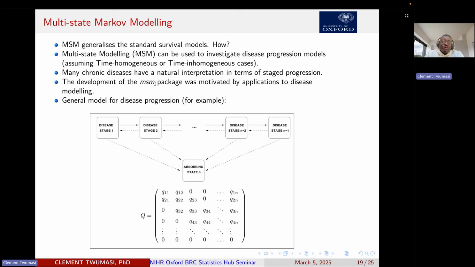But in a real setting, hardly would the rate of transition between different disease states be time invariant. So most of the time they change over time. So we will look at a few examples of the multi-state Markov model.